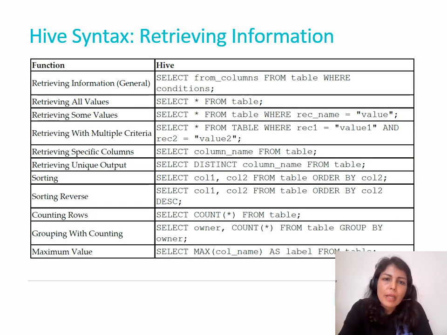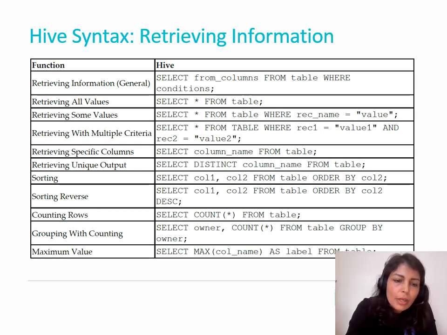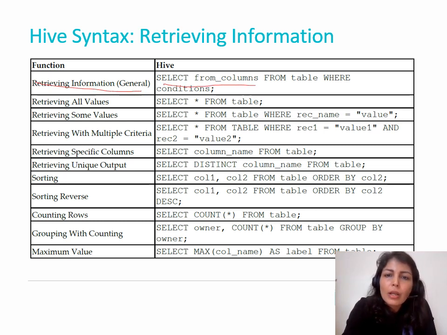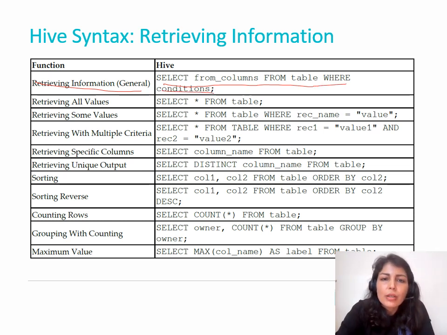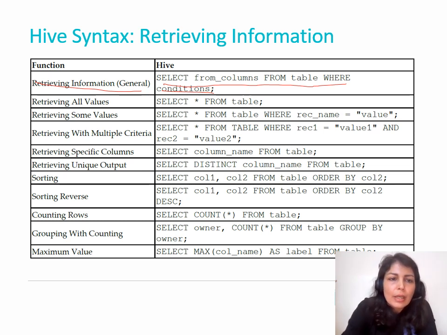This table summarizes important retrieving information. The first function is retrieving information generally. So select from the columns and from the table a where condition. So this is the general syntax for retrieving information. Retrieving all values, so you can say select star from table. Here is your table name.